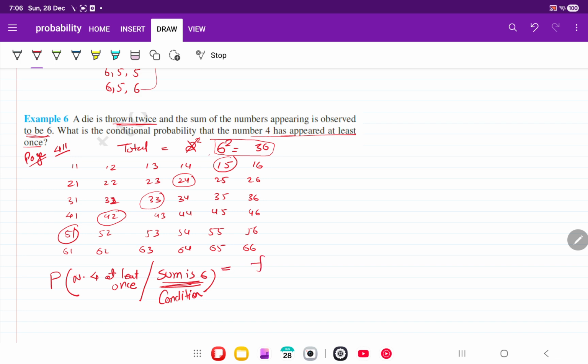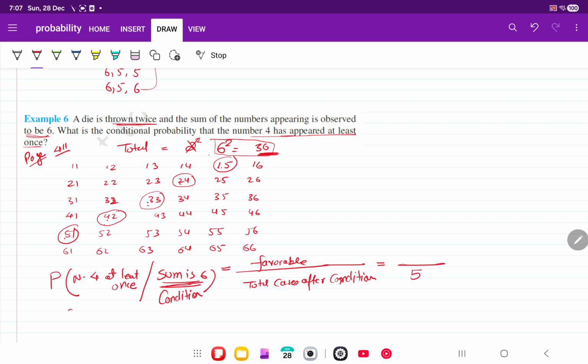So we need a formula: favorable by total cases after condition. Otherwise, total cases are 36, and we can't take all 36. We need to take after condition. After condition, there are 1, 2, 3, 4, 5. Only 5 are there.